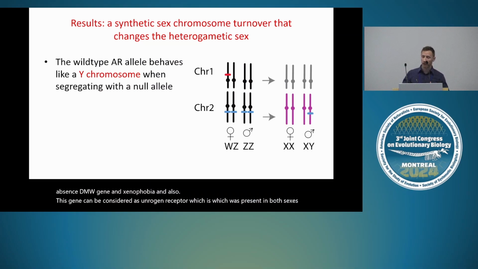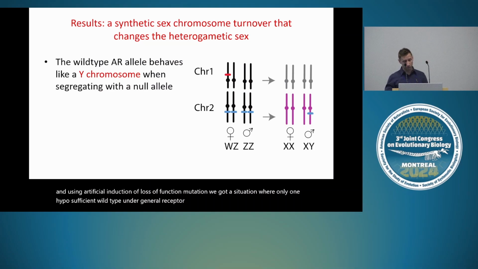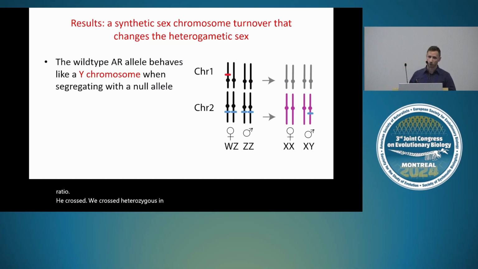Using artificial induction of loss of function mutation, we got a situation where only one haplosufficient wild-type androgen receptor allele takes over responsibility for maleness and doesn't require a dominant sex-determining gene anymore in order to generate a 50% sex ratio. We crossed a heterozygous individual with a wild-type androgen receptor allele with a homozygous individual.